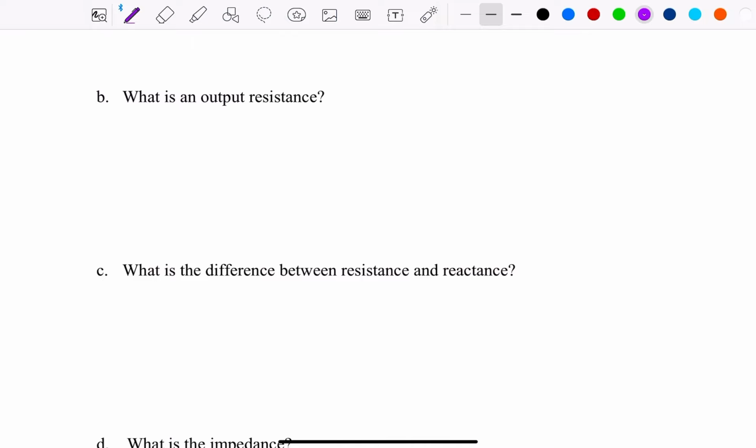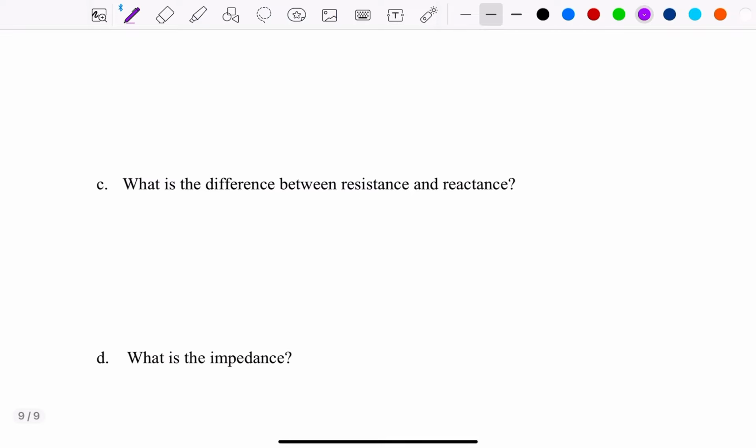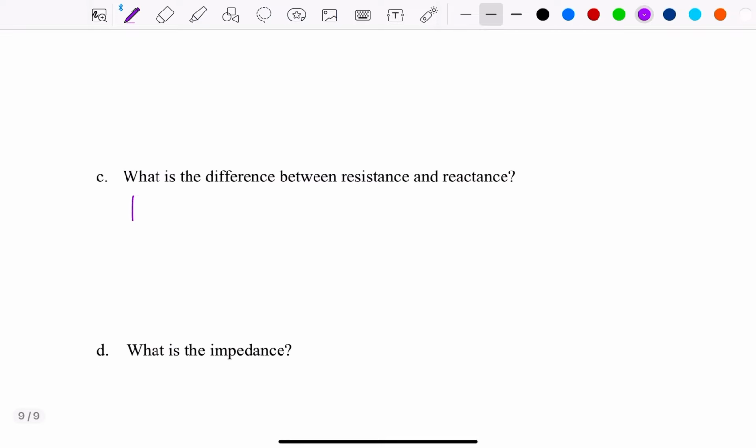Actually, reactance only focuses on AC circuits, so this is the big difference. But there are other differences also. First, resistance opposes the flow of the current regardless of the frequency of the signal, dissipating energy in the form of heat.